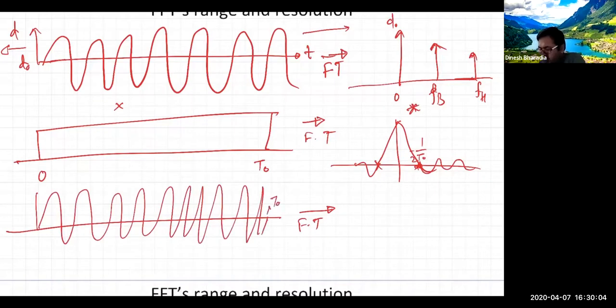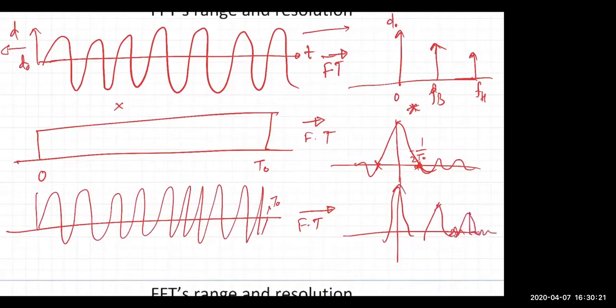What ends up happening is that this delta function gets convolved with this sinc. The FP delta function also gets convolved with another sinc, and the FH delta function gets convolved with another sinc.